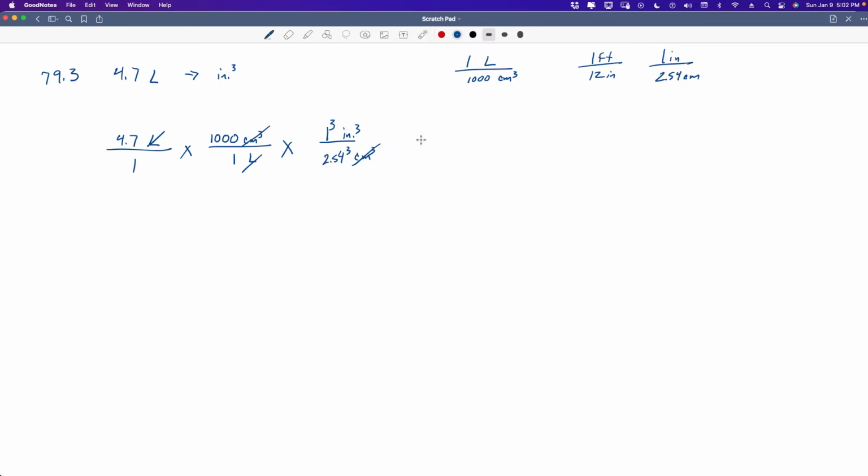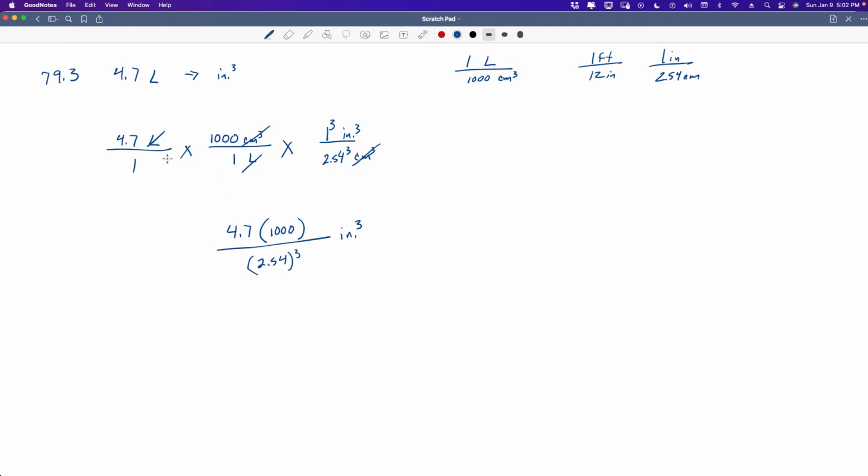So this is going to equal 4.7 times 1,000 over 2.54 cubed inches cubed. All right, that will be our answer.